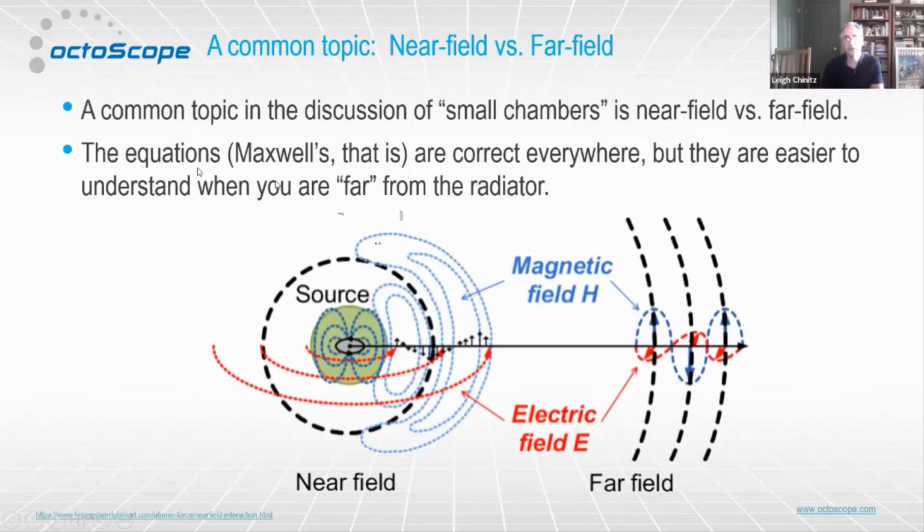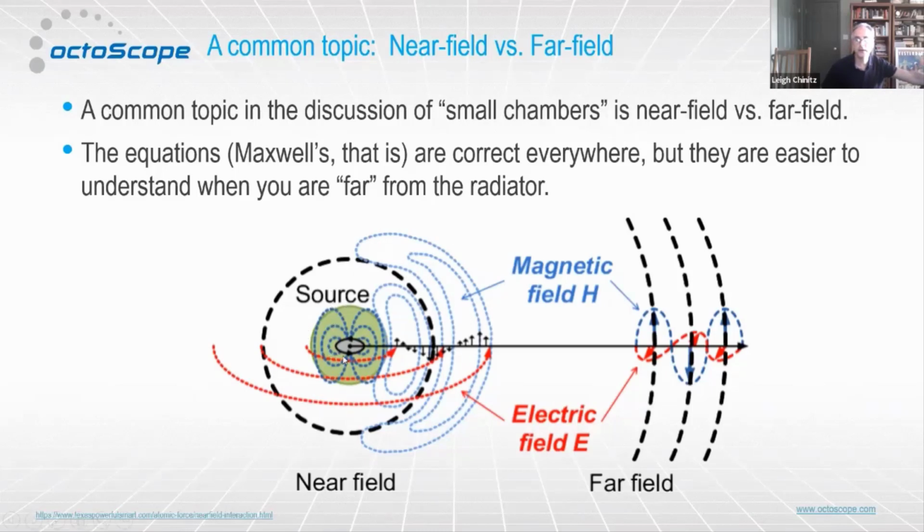Those equations that I showed you before, Maxwell's equations, are correct everywhere and can be solved everywhere in space, but they're a lot easier to understand when you're far away from the radiator. When you're far away, you get those patterns that I showed before, where you have electric and magnetic fields at right angles to each other, what people tend to draw when they're talking about light or radio.